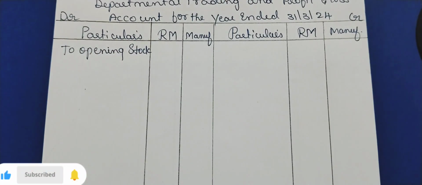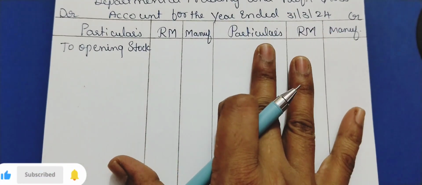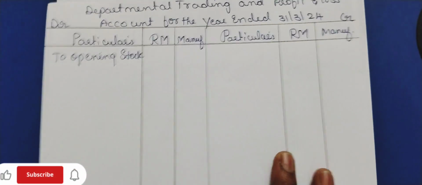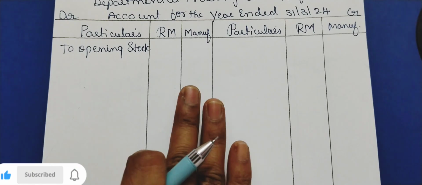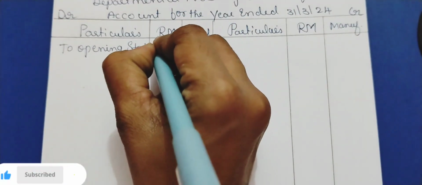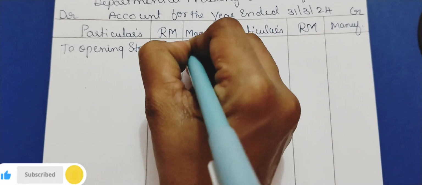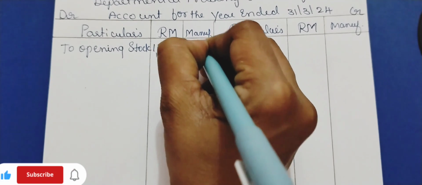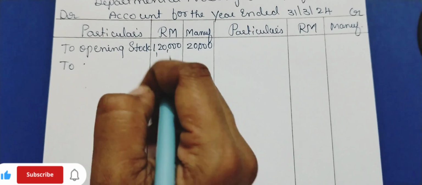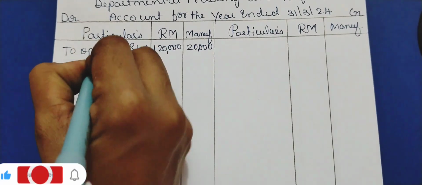The previous year or previous month closing stock will be considered as present year or current month opening stock that we are recording, that we are debiting, because that is the stock which is remaining in the storeroom. 1,20,000. Manufacturing is 20,000.